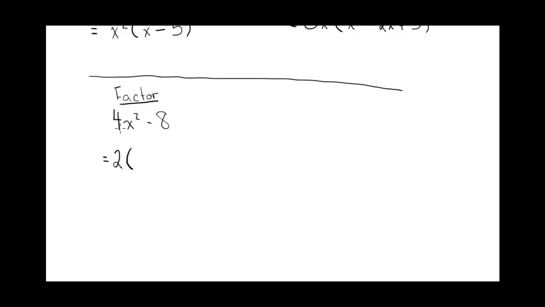Then what times 2 gives us 4x squared? That would be 2x squared. And then 2 times minus 4x. So you'd have that, and you'd be kind of right. If you expanded this, you'd get back the original. And that's true. But you're not done factoring unless the inside bracket, or all the brackets, can't be factored further, otherwise we're going to have more brackets. So it's not fully factored.